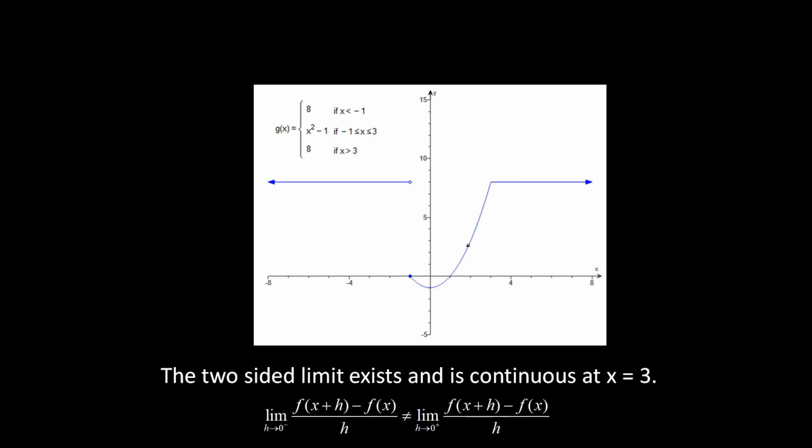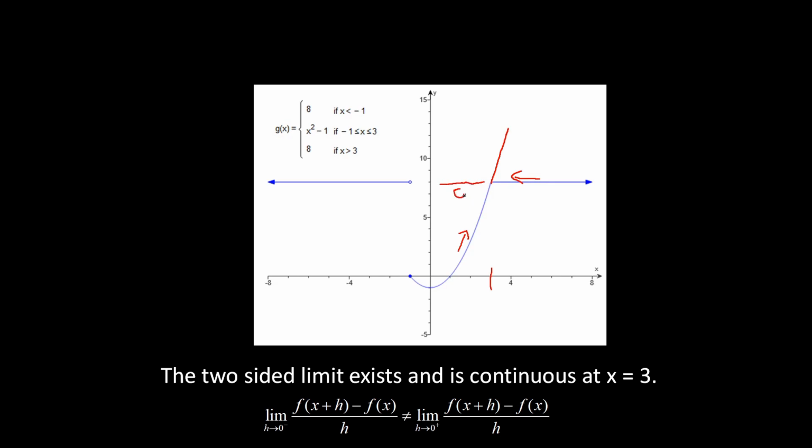So as we approach 3 from the left, the slope is approaching this steepness. As we approach 3 from the right, the slope is constant.